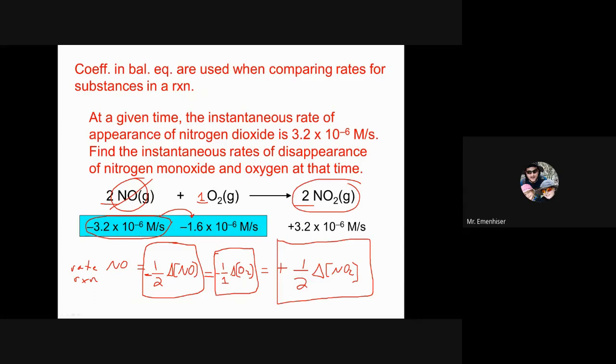But if I do, and I think the way that I explained it last time, I think I said the opposite. So this is minus 1.6 e to the minus 6. If I divide that value by 2, no, that doesn't work. This times 2.